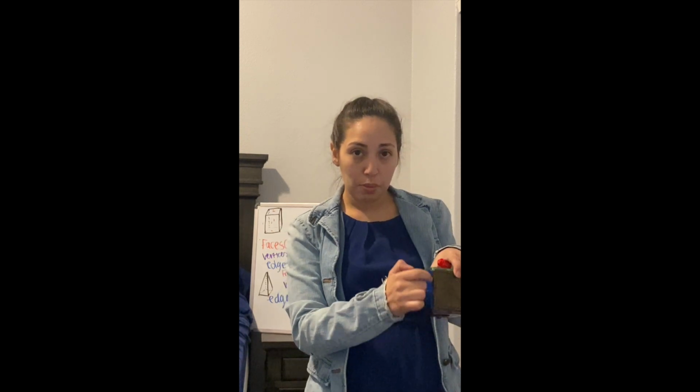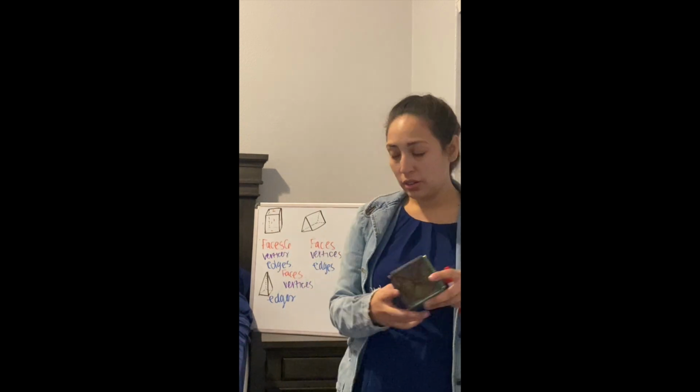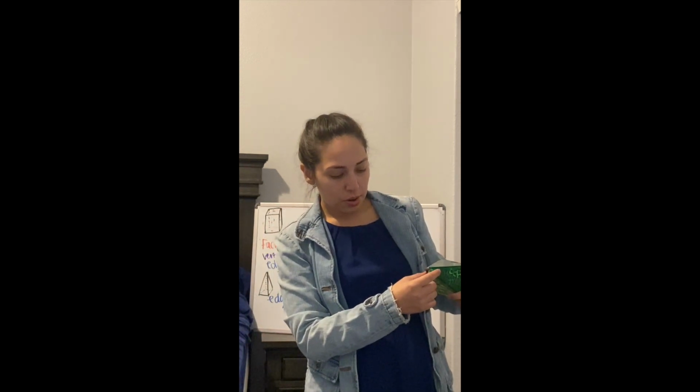So edges are lines where 2 faces meet. 1 face, 2 face, and then this would be the edge. Vertices are where 3 corners or more come together on the shape. So like right here, there's more than 3 points coming together. So that would be the vertices.